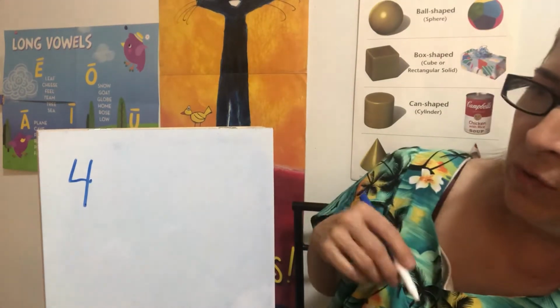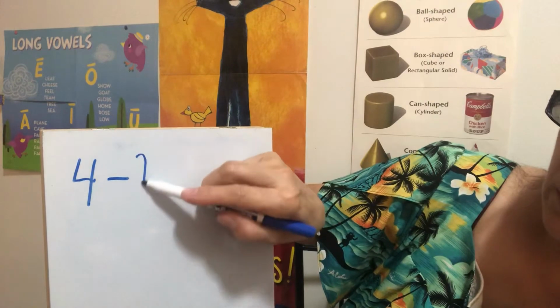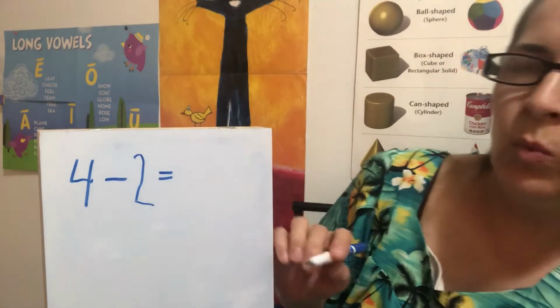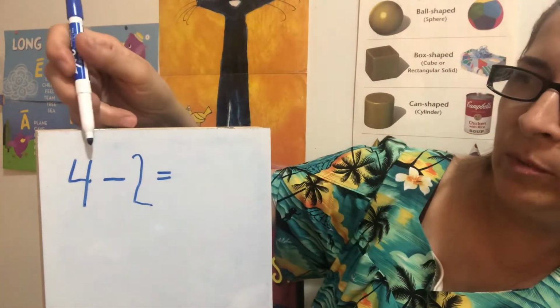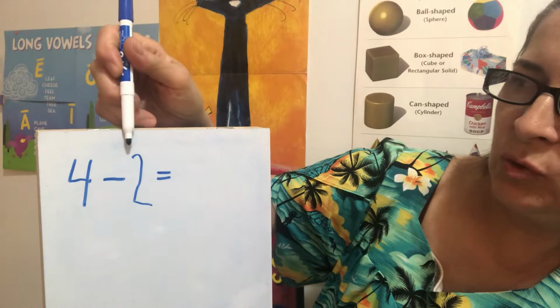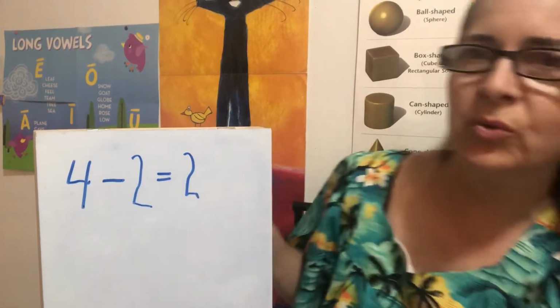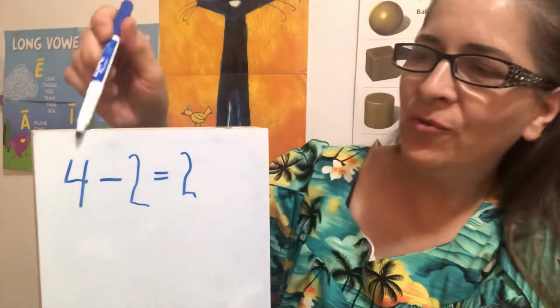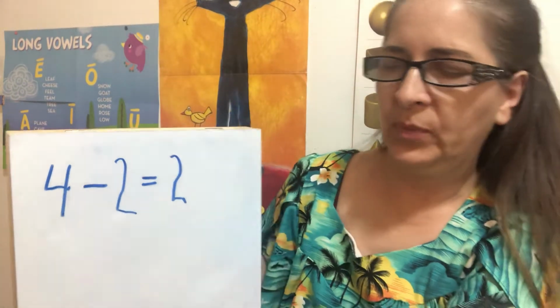This time, how many ran away? 2. And we wanted to find out how many are left. So we need to solve the problem. 4 minus 2 equals 2. I'm pretty sure that's what you just said, isn't it? 4 minus 2 equals 2. Well done.